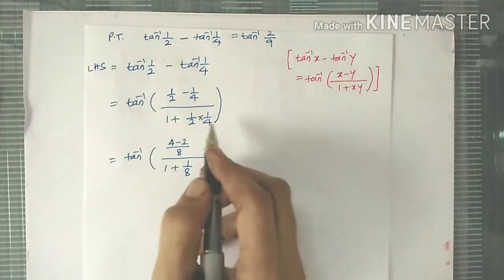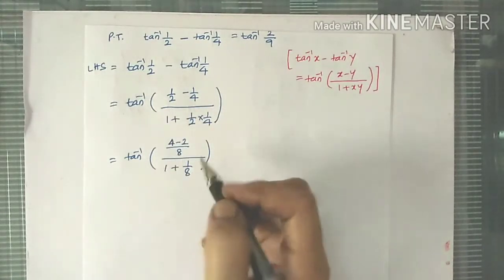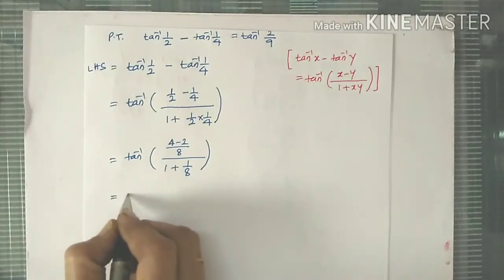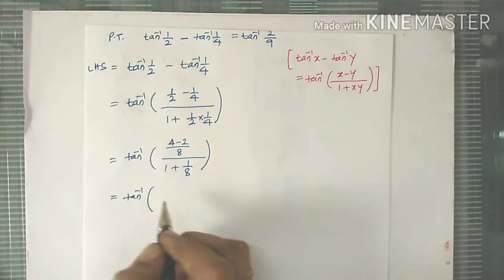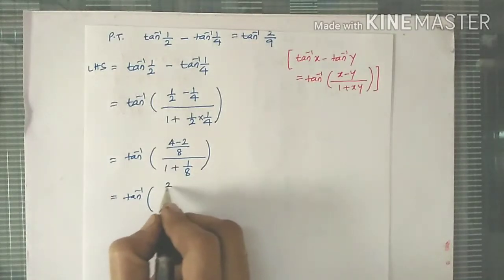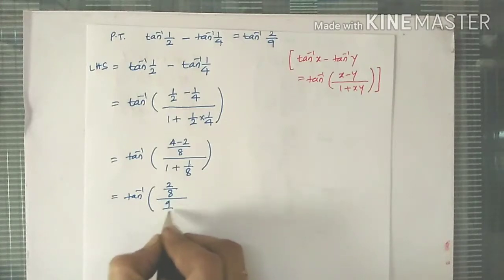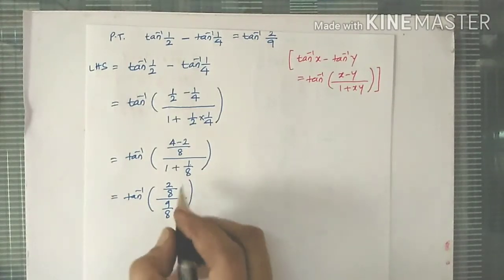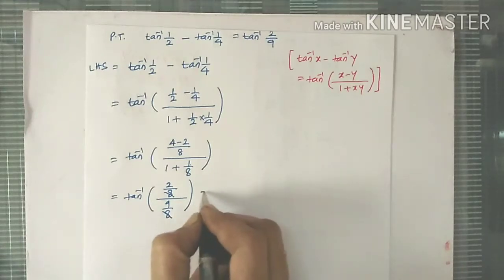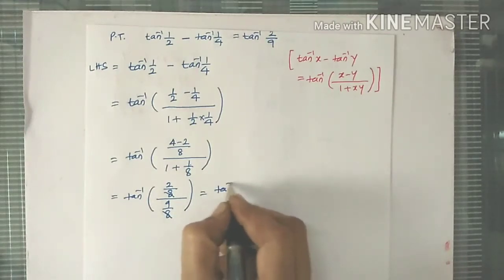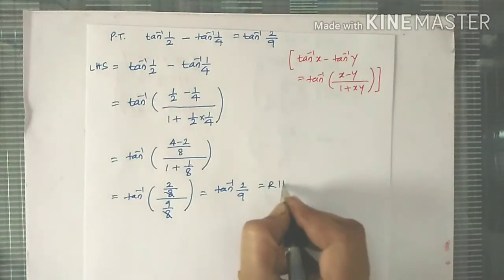I have not taken the LCM as the denominator is 8 in the numerator and denominator both, so we can cancel that. So this becomes 2 by 8 divided by (8 plus 1), that is 9 by 8. Now both the numerator and denominator have denominator as 8, so it gets cancelled and we get the value as tan inverse of 2 by 9, which is right hand side.